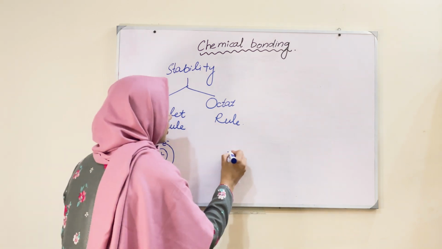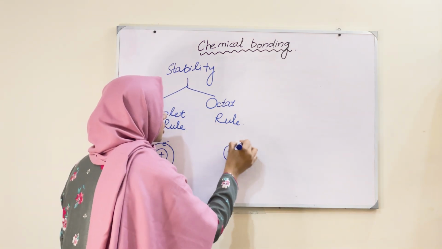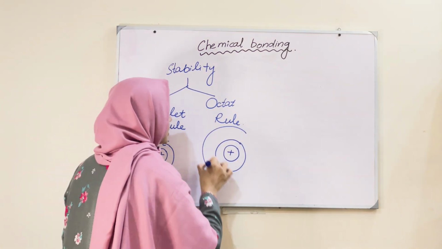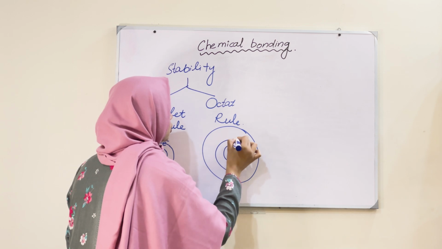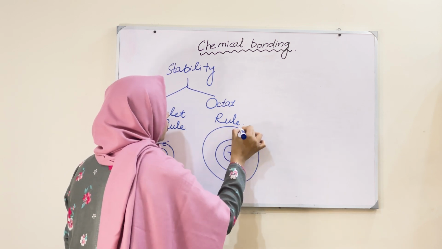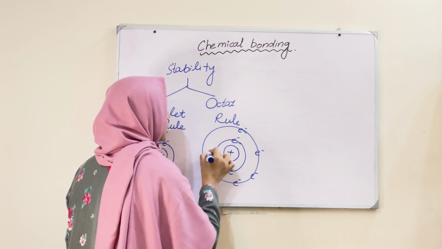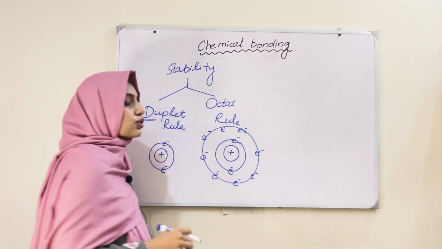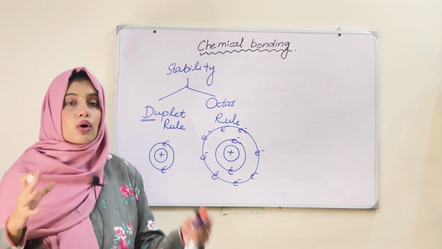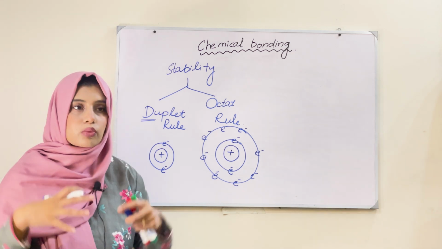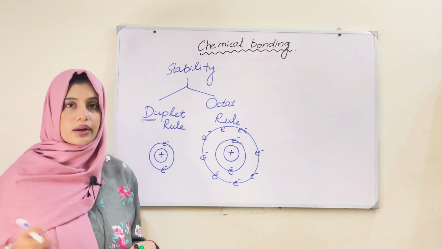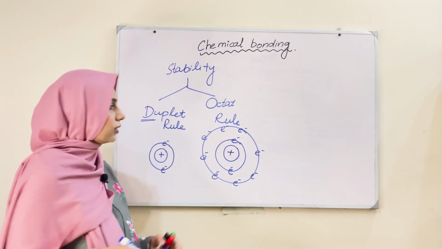And when an element, this is the nucleus, this is the first shell, this is the second shell, has 2 electrons in the first shell, and 1, 2, 3, 4, 5, 6, 7 and 8 electrons in the second shell, the outer one is known as the outermost shell.